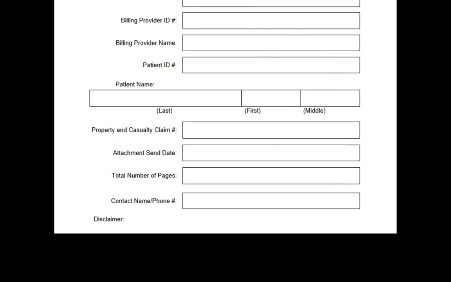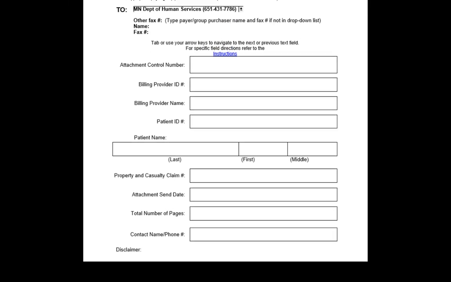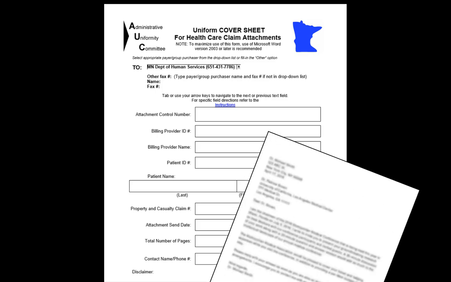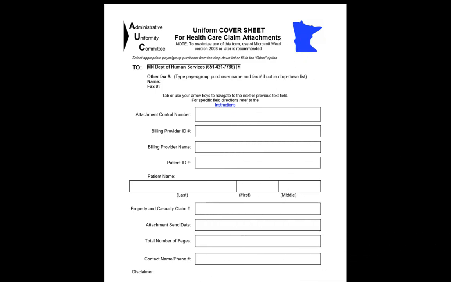We enter in the total number of pages, including the fax cover sheet. Last, we will enter the contact name and phone number for the person sending the fax in the contact name/phone number field. Once we have completed our fax cover sheet, we will print it and fax it along with the letter from the county.